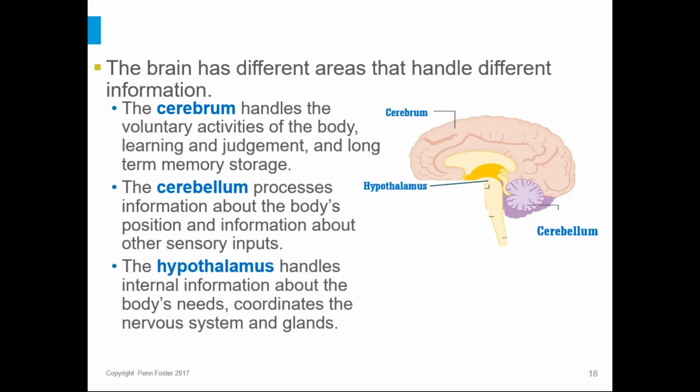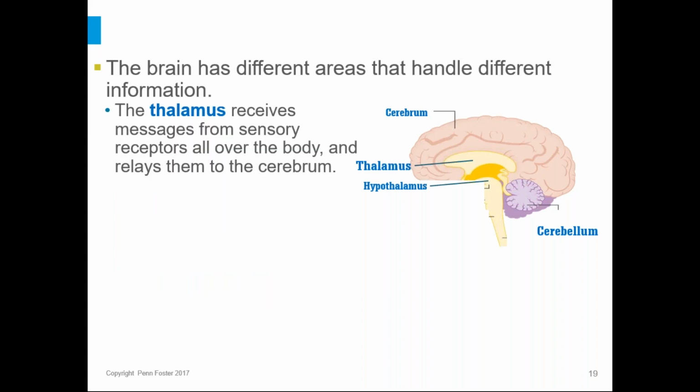The hypothalamus handles internal information about the body's needs, such as thirst, fatigue, and body temperature. It also coordinates the nervous system and the glands in your body. Then we have the thalamus. That's an area that receives messages from sensory receptors all over the body and relays that information to the correct part of the cerebrum.